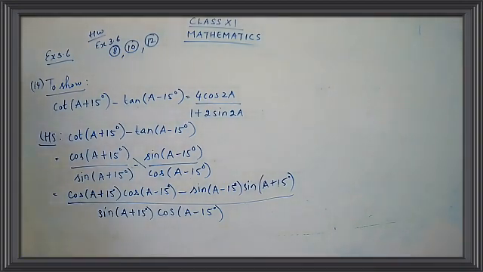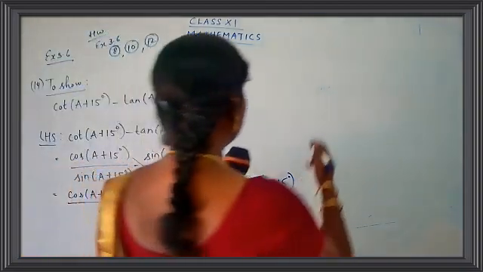Here we have to just use the identities from our exercise 3.4, sum number 17. We had cos(A plus B) cos(A minus B), sin(A plus B) sin(A minus B). So we're just going to use the identity first of all. I'll write the formula here.